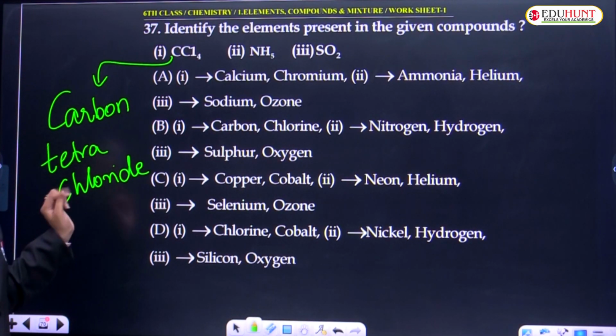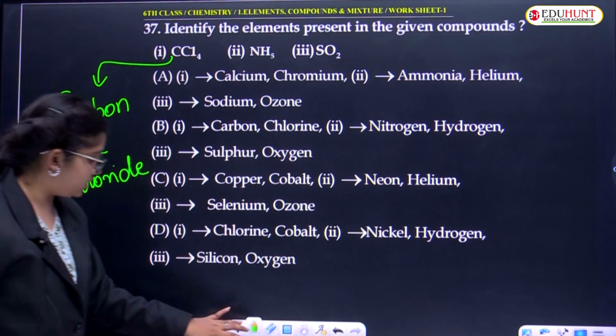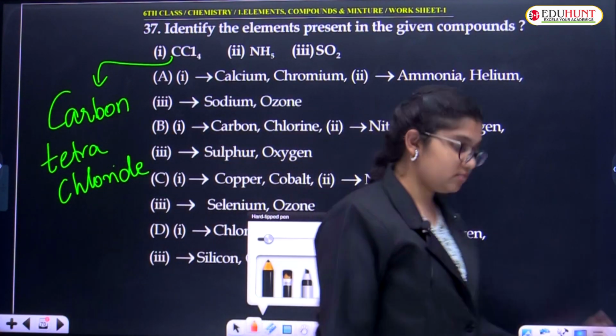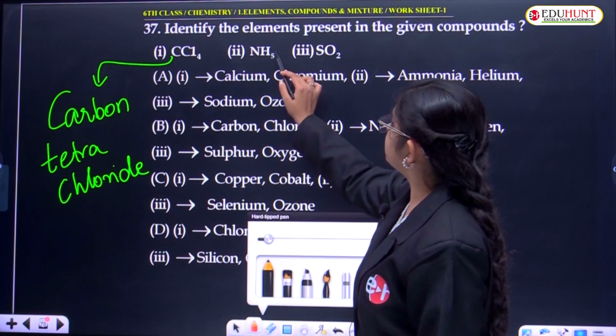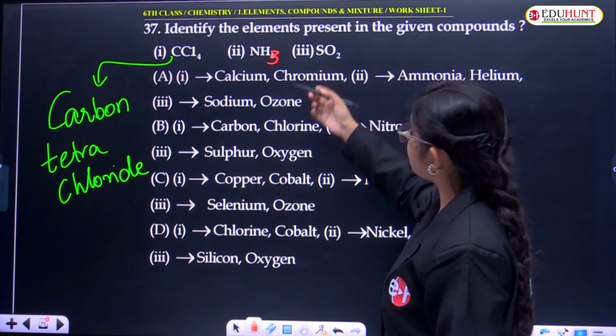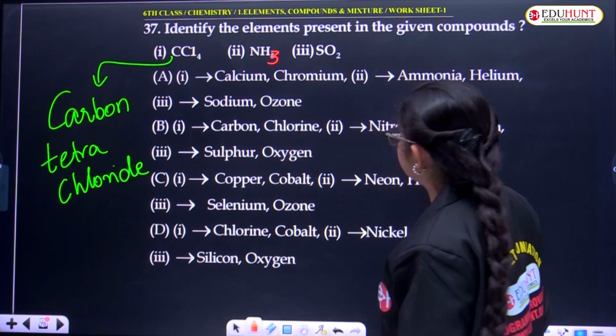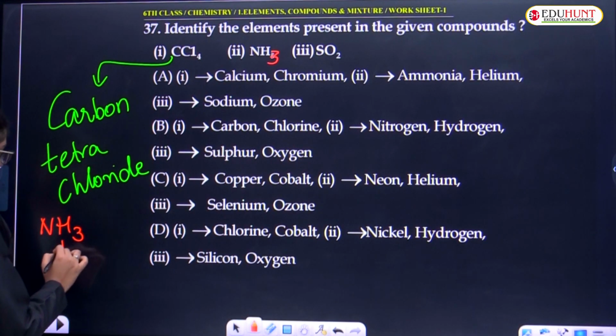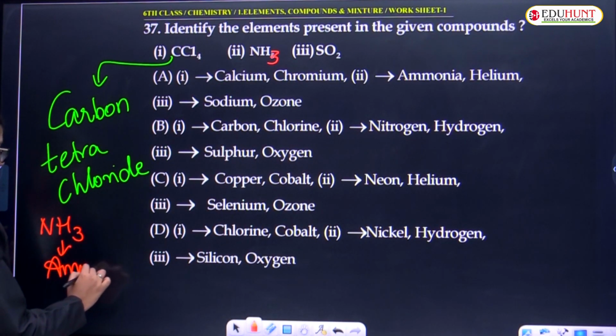Okay, clear? NH3. It's not NH5, it's NH3. Correction here, children. NH3 is called ammonia, which is a gas.